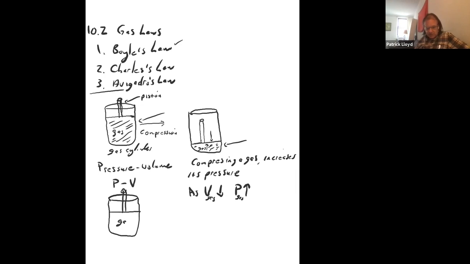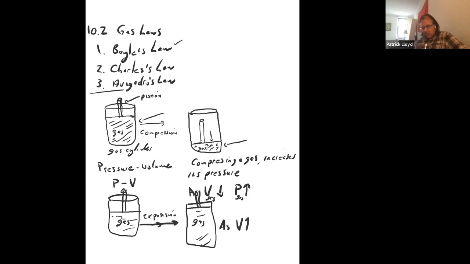So here's your gas. Expansion. So now the gas has more volume, right? Okay. So as the volume goes up, the pressure goes down. Okay, so if you allow a gas to expand, at the end, its pressure will be lower than it was initially. Okay, so that's our relationship.